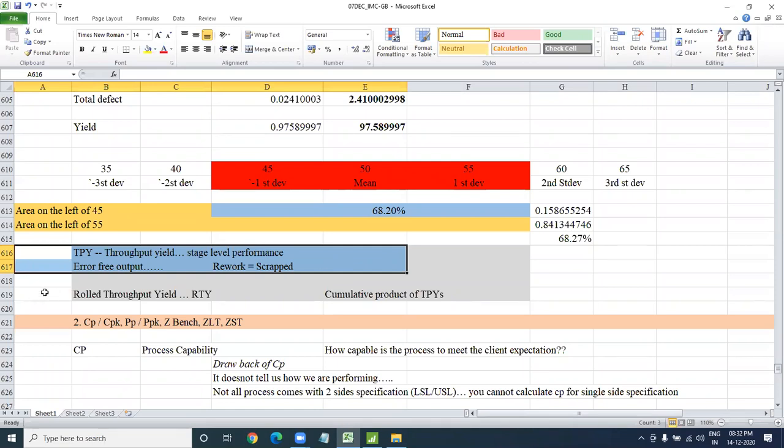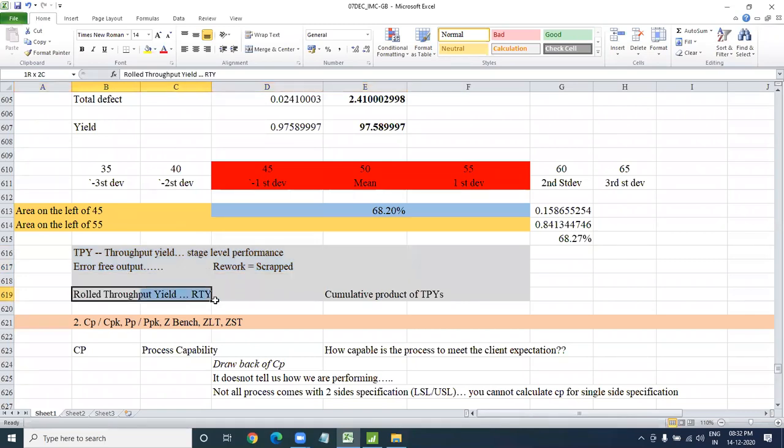This is at stage level. Stage one, stage two, stage three, stage four, multiple stages can be there in the process, but my process starts from the beginning and goes till the end. So I will be able to check the individual stage level process output. But when I'm looking at overall productivity, that's when we look at rolled throughput yield.